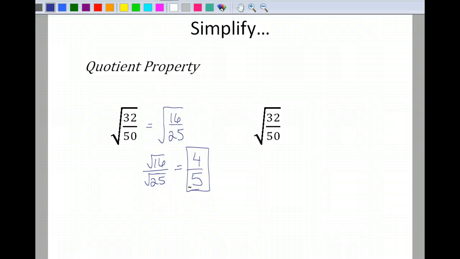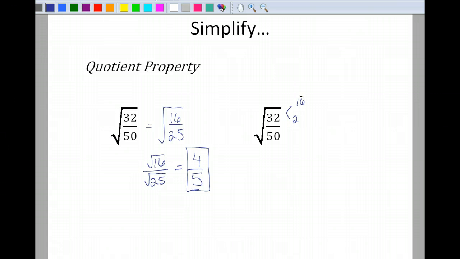Now let's just say that for some reason you just weren't paying attention and you were just a little bit lost. So let's see what else we can come up with. Let's say you didn't realize that you could reduce, so we're going to go ahead and do a factor tree. So I've got 2 and what? Okay, that's right, 16. Oh, 16.